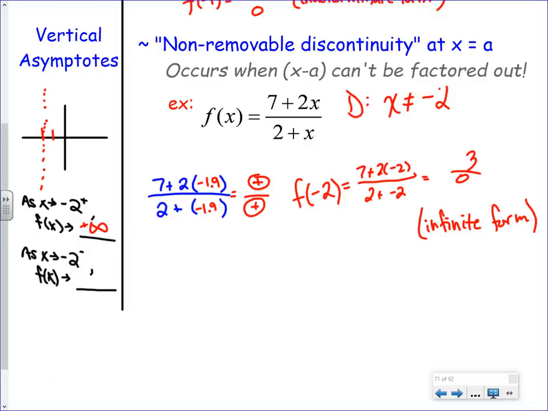Okay, you guys, see if you can figure out. Remember, from both sides they could both be going to positive, both be going to negative, or going opposite. But right now, coming from above, I know somehow this function is going up. I want you to try picking something on the other side of -2, plugging it in, and see if you can figure out what the sign would be.